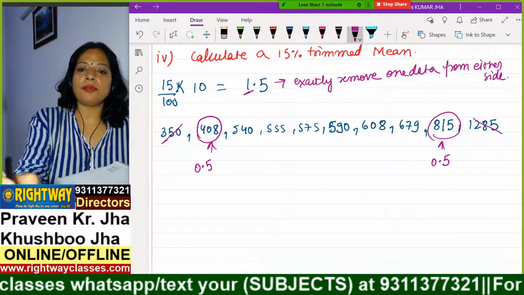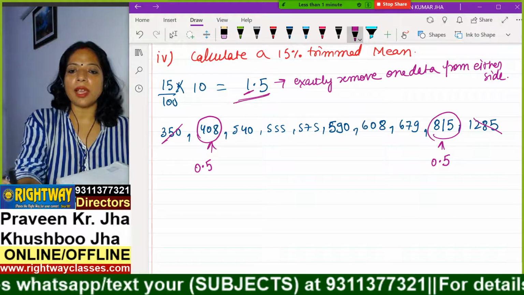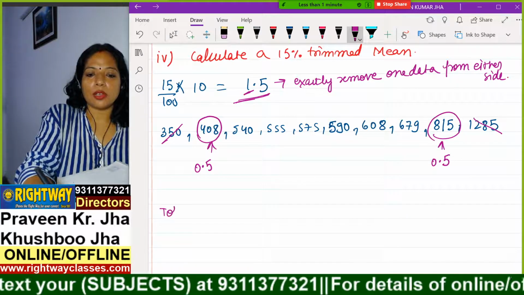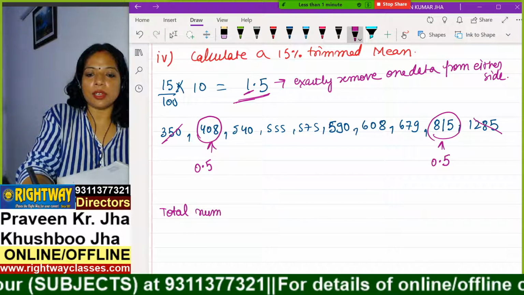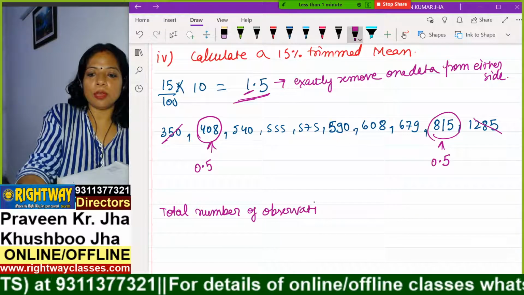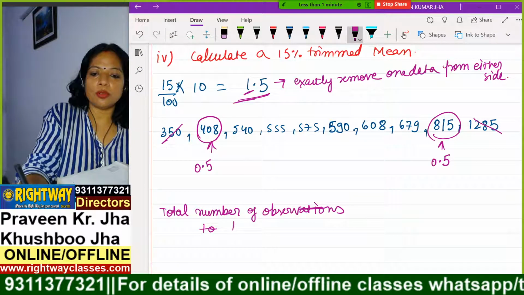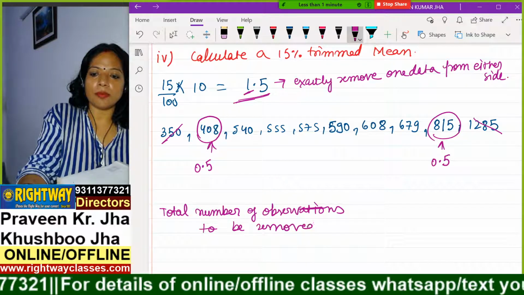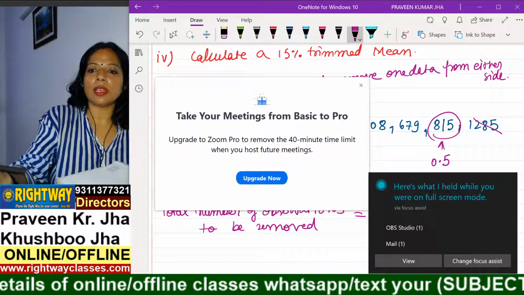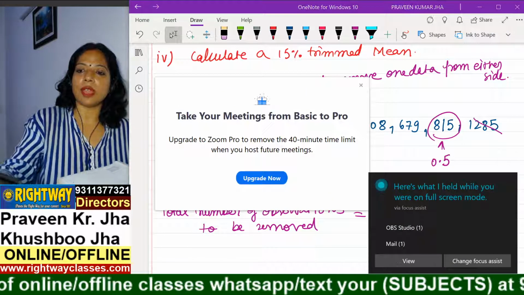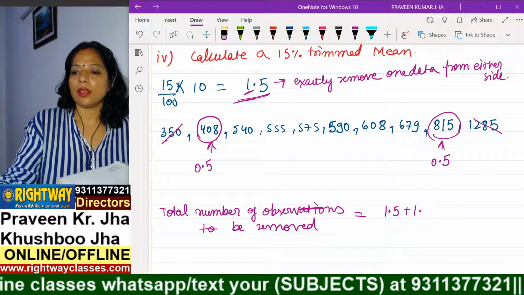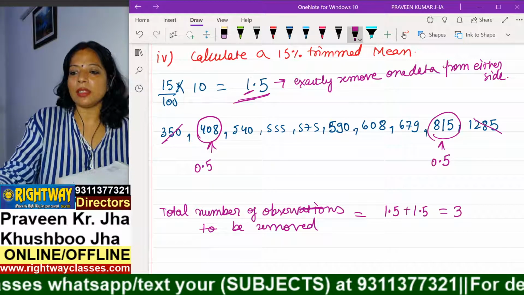And if we trim 1.5 from either side, how many data do we have to remove in total? 1.5 from this side and 1.5 from this side, so altogether it will be 3.